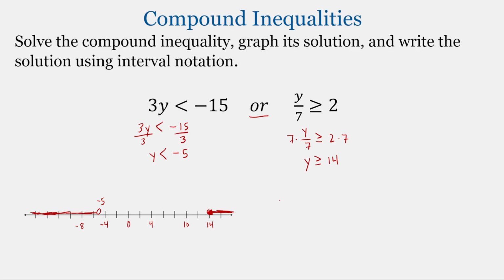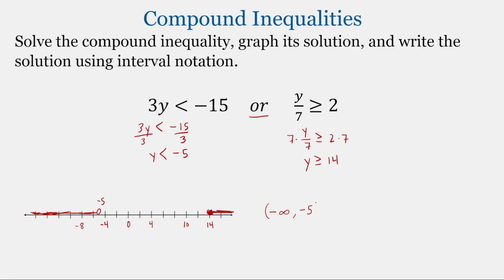And then writing this in interval notation. Again, we'll start on the left, and this goes all the way to negative infinity. So our left interval will be negative infinity, and with infinity, we always use a parenthesis. And then a comma, and that ends at negative 5.